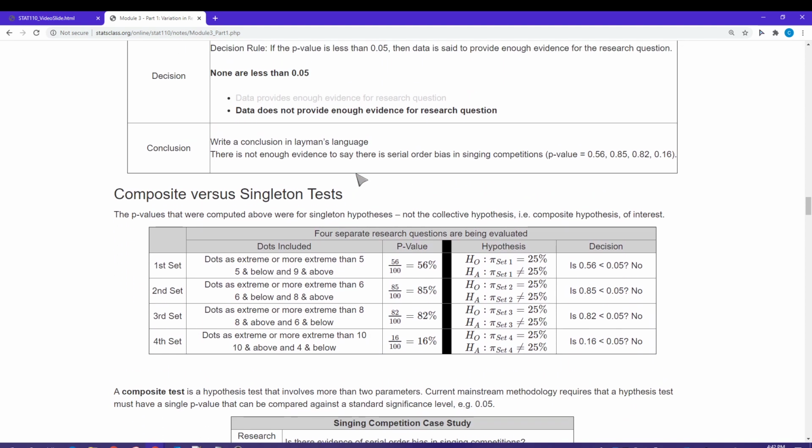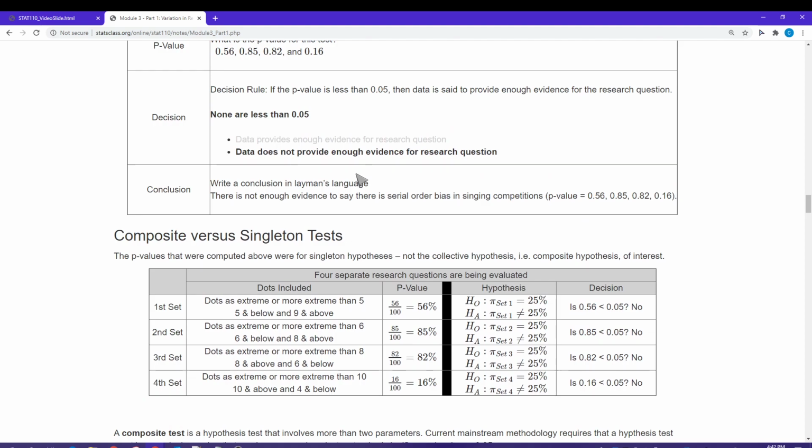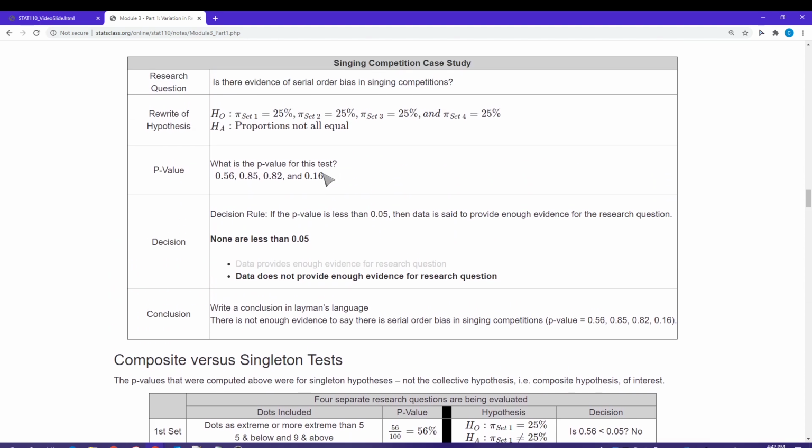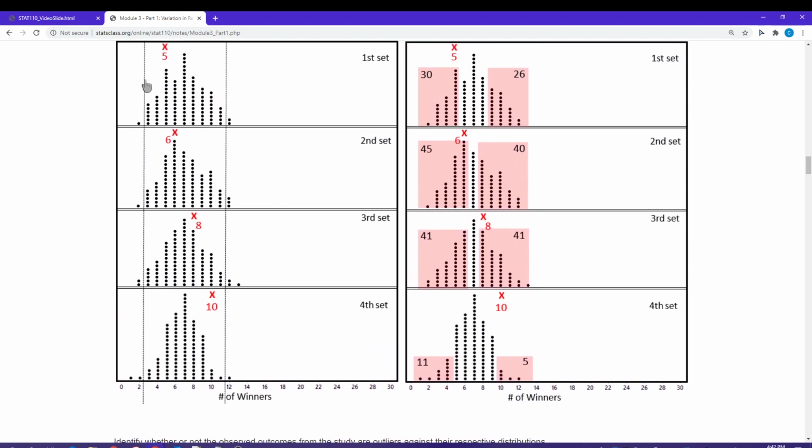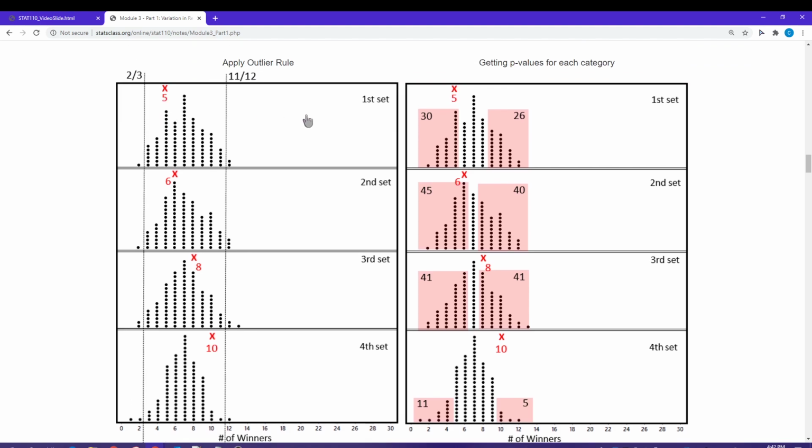Okay, what would we do in a situation where one of these p-values is less than 0.05 and not the others? In fact, the approach that I've taken here is not technically correct because I'm looking at each of these sets individually.